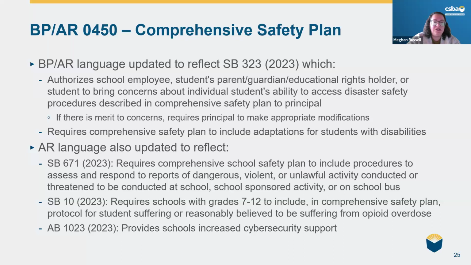So in addition to SB 323 changes that were made to BP and AR 0454, we also updated some of the AR language to reflect new laws, SB 671, which requires a comprehensive school safety plan to include procedures to assess and respond to reports of dangerous, violent, or unlawful activity that's been conducted or threatened to be conducted at a school, also a school-sponsored activity or on a school bus.